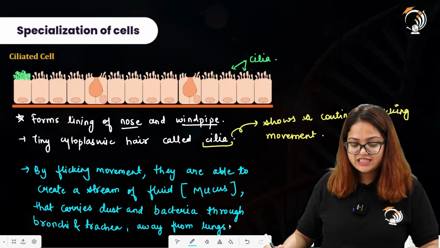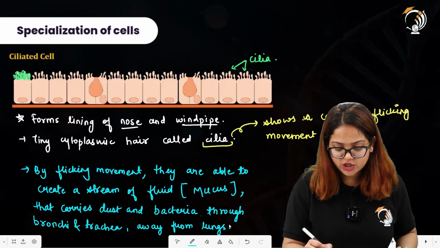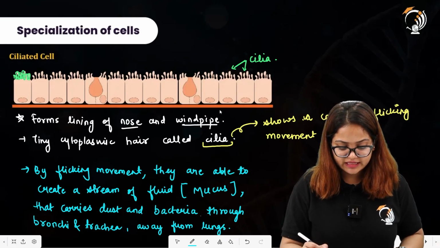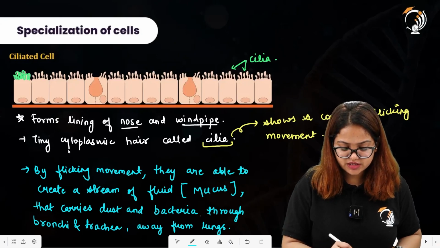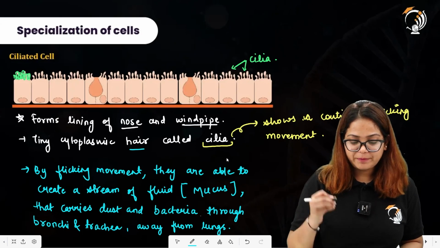All right, so these are the features of the ciliated cells. These form the lining of the nose and windpipe. The tiny structures, the cytoplasmic hair, are known as the cilia, and they work by the flicking movement.